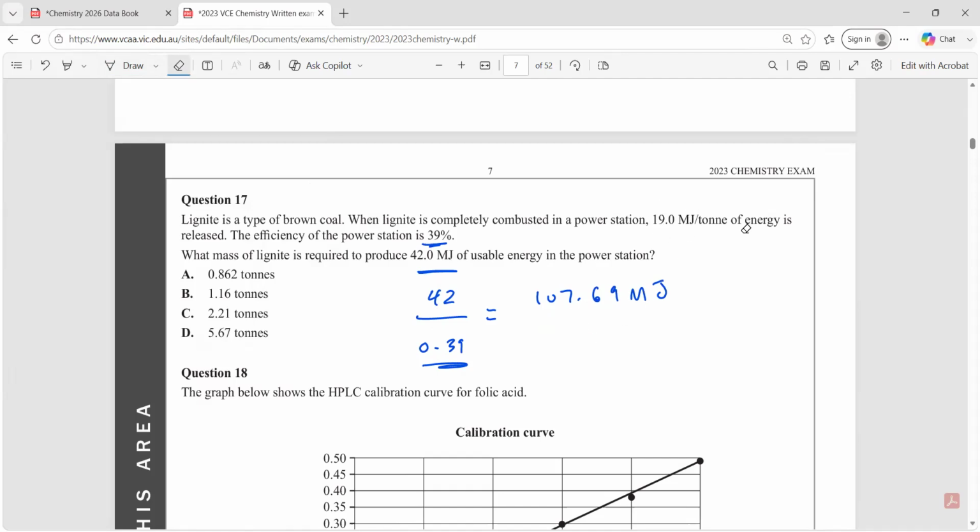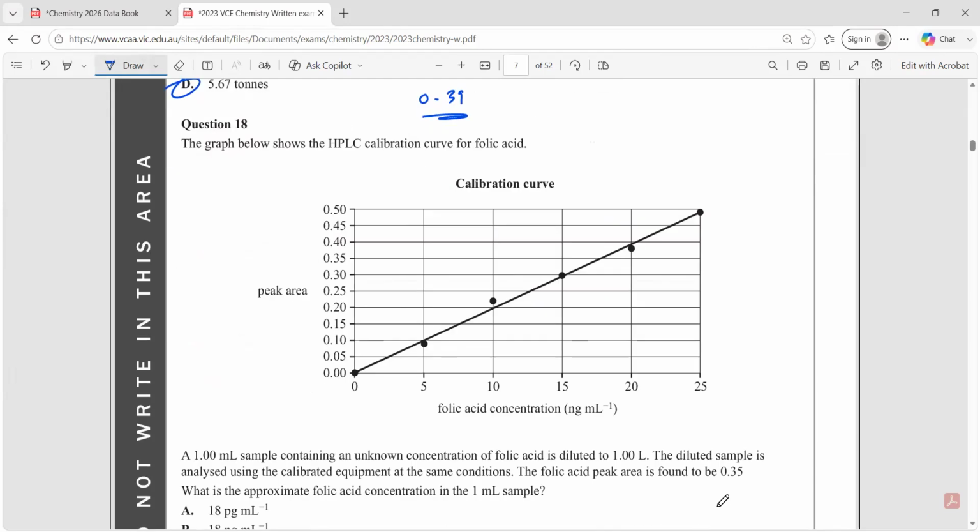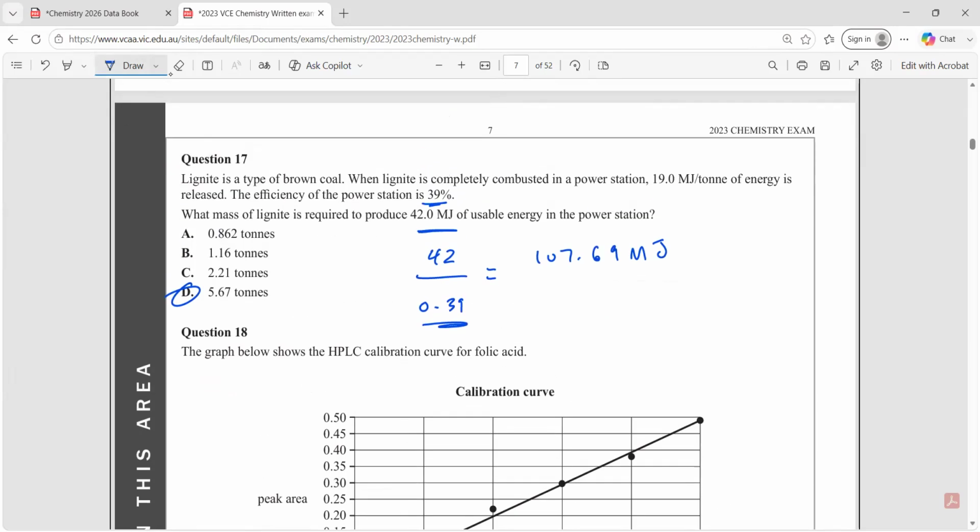And then 19 millijoules per ton of energy is released. So then we just divide it by 19, which is 5.67 tons. Cool. So 107, and then we divide by 19 millijoules per ton.